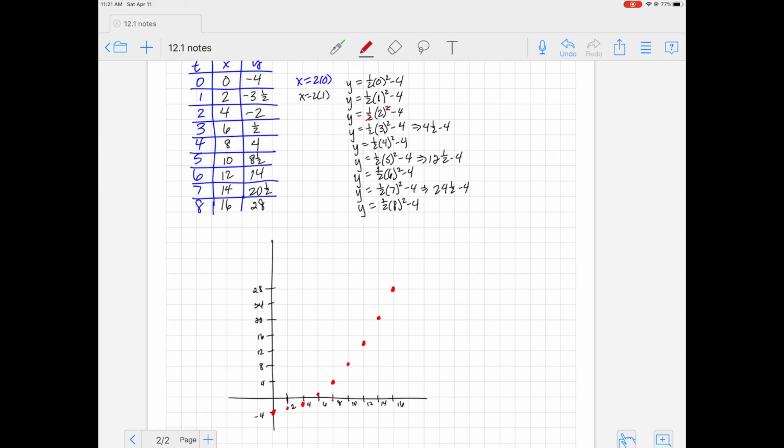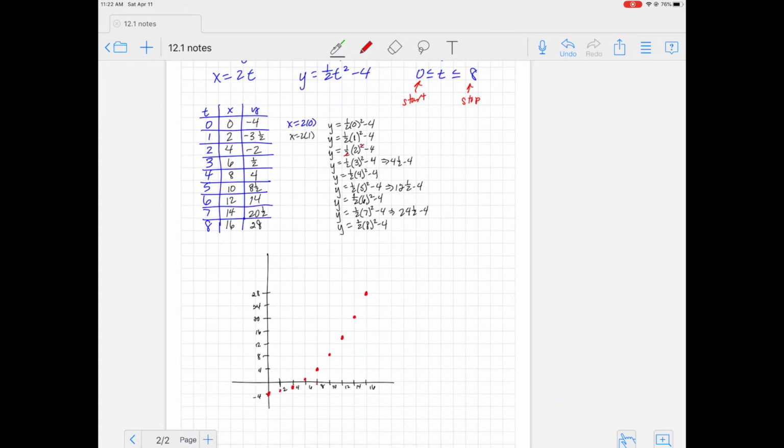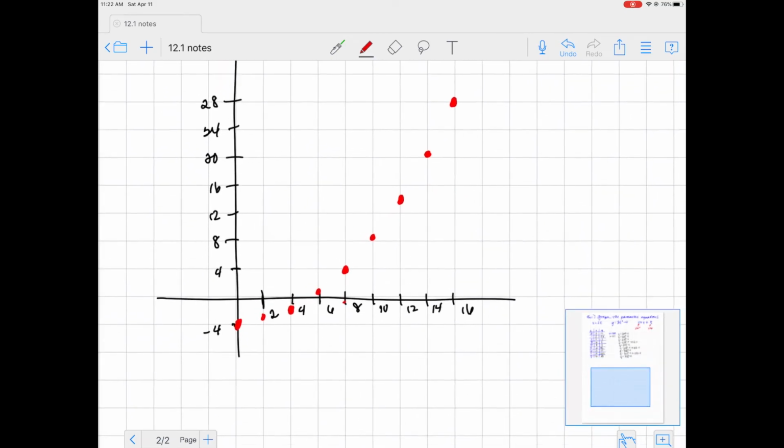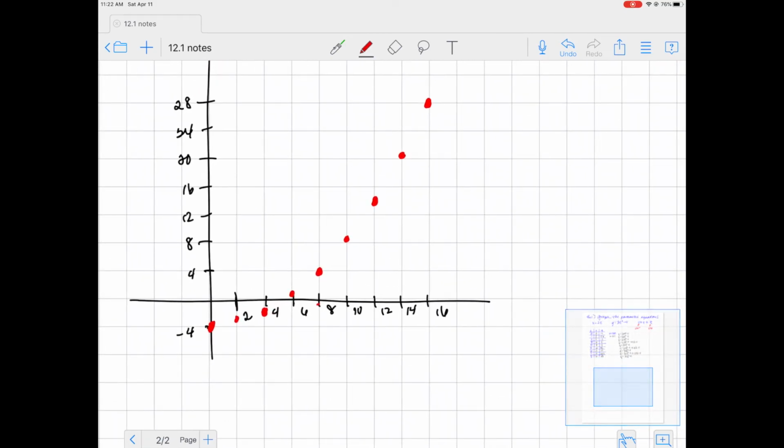Now, here's the kicker. When you have this, you can see that my graph is moving in this direction, right? Because that's the points that we came up with. That's the progression that we're looking at. My graph starts at 0 and it stops at 8. So I am starting at 0. I'm going to make this bigger just so I can graph it a little bit better. Starting at 0, moving up, and stopping.